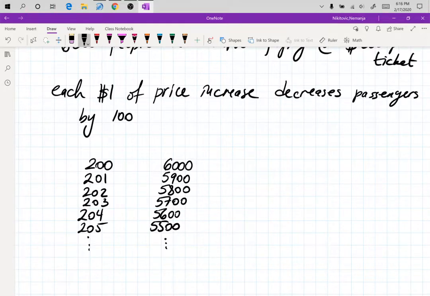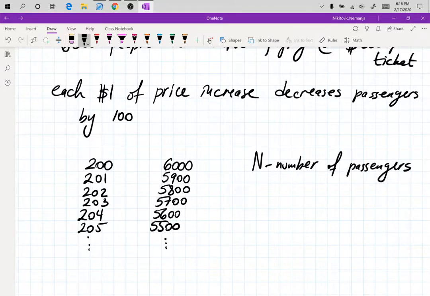So how do we model this in the mathematical function? Now, they want us to use number of passengers, capital N. Number of passengers. Okay.